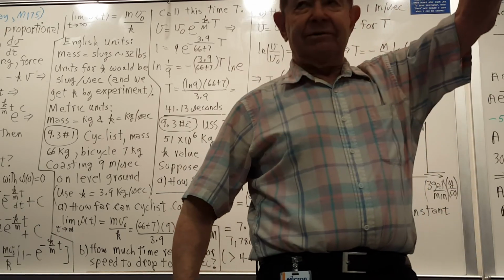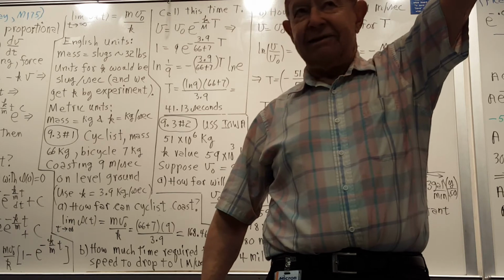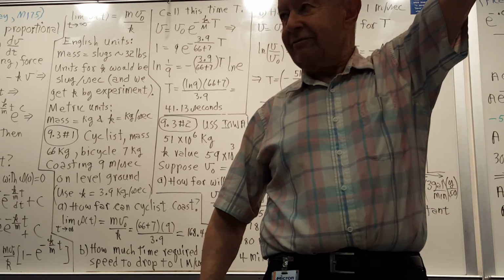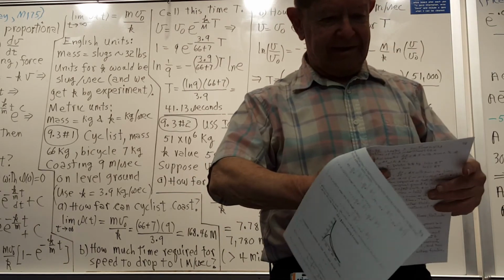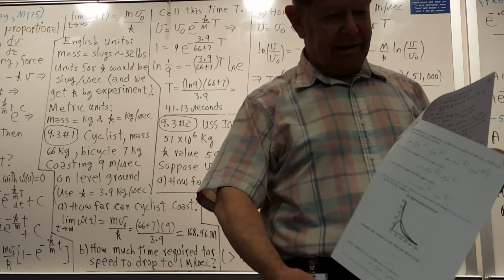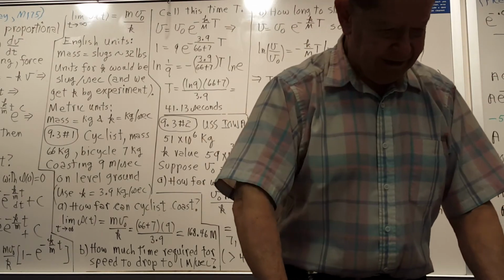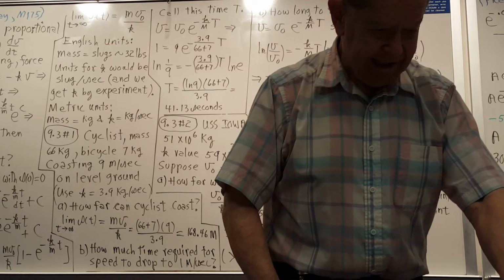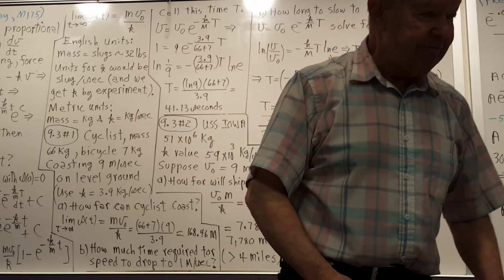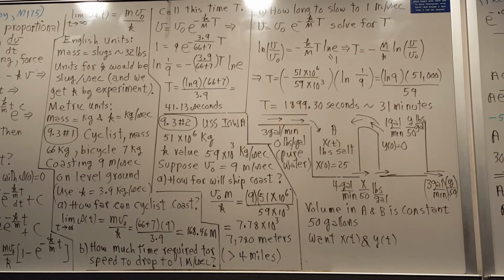If you go to the next to the last sheet of paper in your set of notes, page 6, and you see the picture, you have tank A and you have tank B. And you get a system because you have the two tanks.